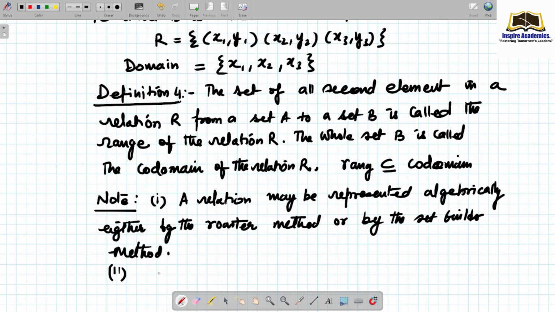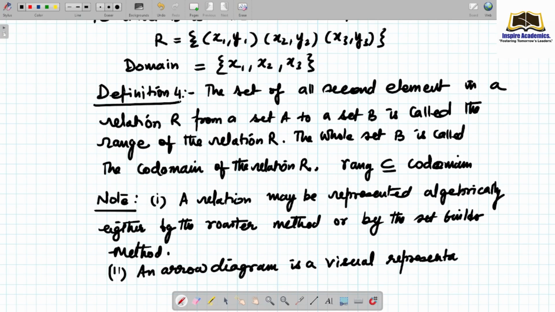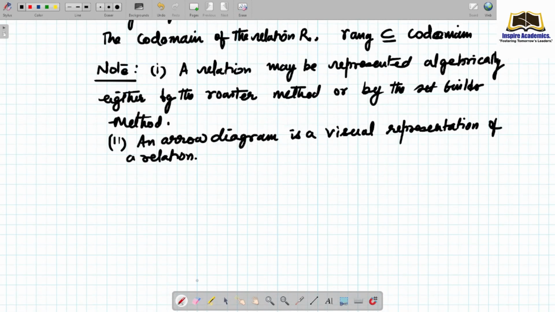Number 2, an arrow diagram is a visual representation of a relation.